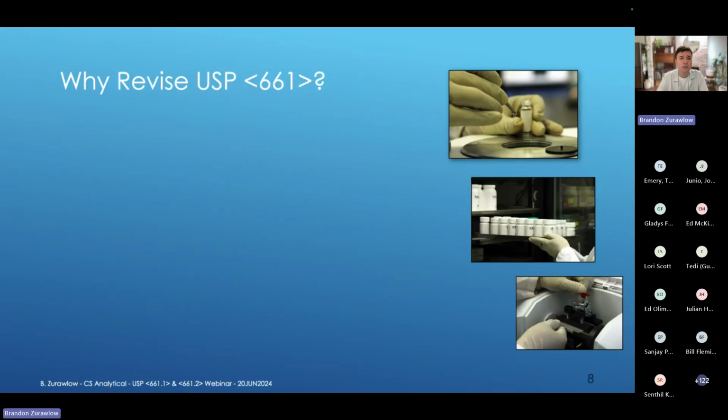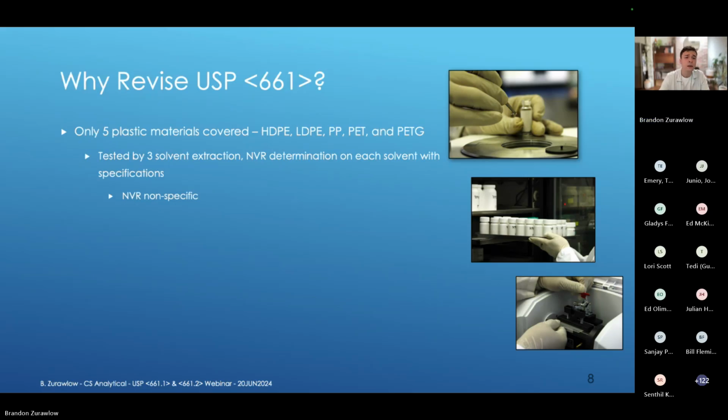So drilling down to 661 specifically, what was it about USP 661 that warranted revision? In the old 661, which again had been around for decades, there were really only 5 plastic materials covered. We had high and low density polyethylene, polypropylene, PET, and PETG.